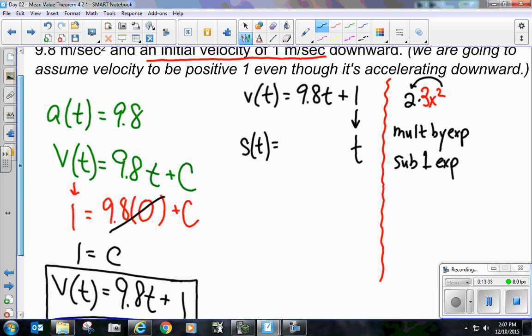The antiderivative, not only is it the opposite math, but it's in the opposite order. So to do the antiderivative, first of all, what is the derivative of this? 6x, right? So how do I find the antiderivative of 6x? Not only do I do the opposite math, but in the opposite order. I add 1 to the exponent first, and then I divide by that new exponent.